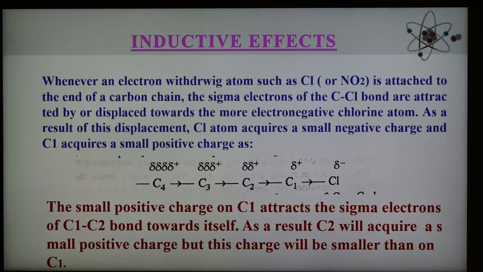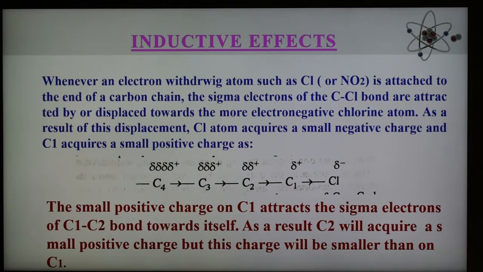In fact, the inductive effect is almost negligible beyond carbon number 2, or beyond 2 carbon atoms from the heteroatom. So this is the displacement of sigma electrons, and depending upon the group present in the carbon chain, whether it is electron donating or electron releasing, we are discussing here the types of inductive effect now.